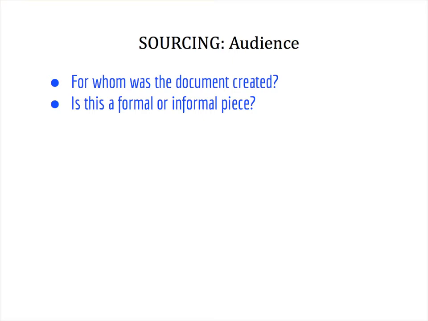A third way to consider sourcing is to determine the intended audience for the document. A document's intended audience is sometimes stated in the source line, but often you'll need to determine this for yourself. So ask yourself, to whom is the author presenting this document? How does that specific audience affect what's written? For instance, if you're writing something to your best friend, you're probably not going to worry too much about grammar and spelling.